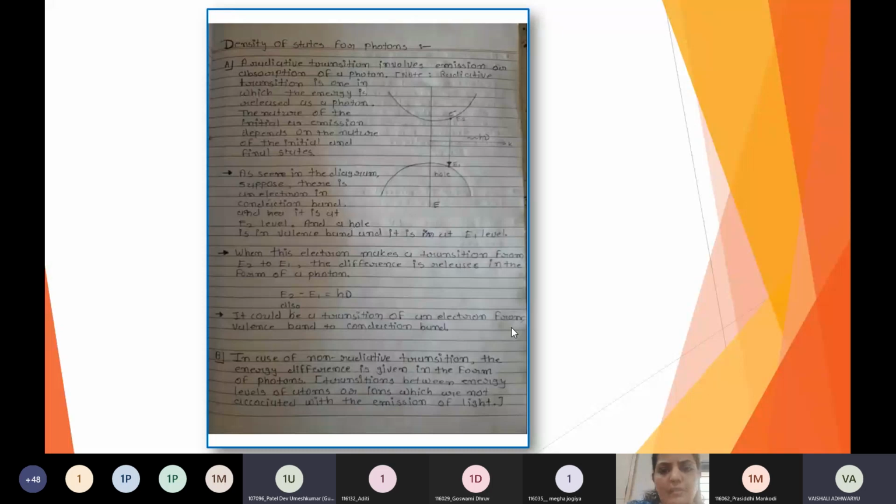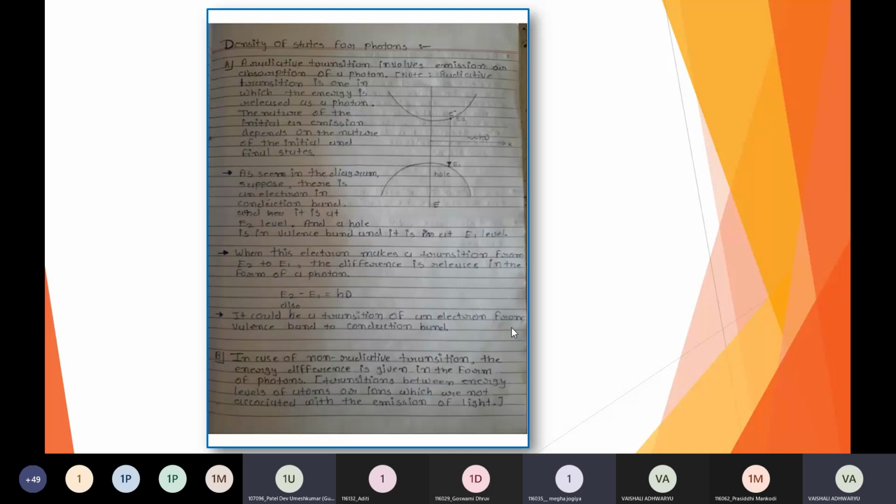Yes, Megha, here you are. Yes, ma'am. So our next topic is density of states for photons. There are two radiations. First, a photon is energy, which energy is h nu, and it is a wave packet. Transition means transition.